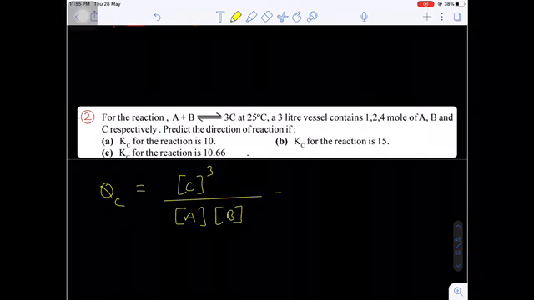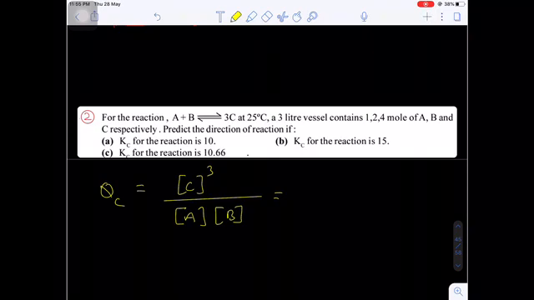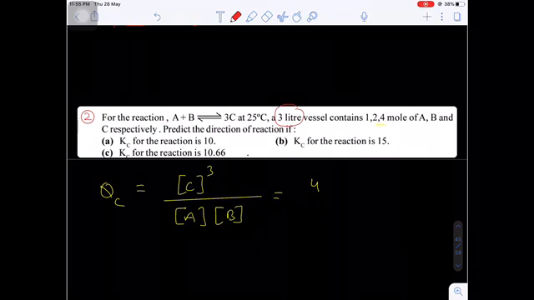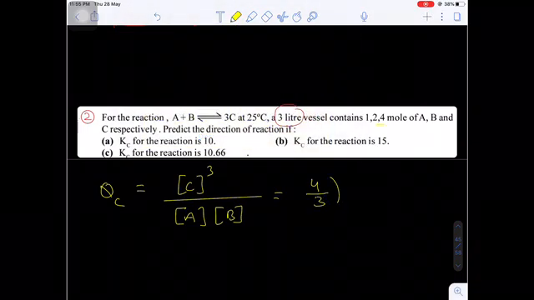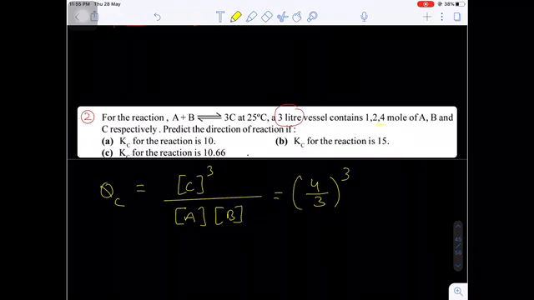What is the concentration of C given to you in the vessel? A is 1 mole, B is 2 moles, C is 4 moles. Remember, the volume of the vessel is very important. The volume of the container is 3 liters. We have to calculate per liter. So I am writing here 4 by 3 whole cube.